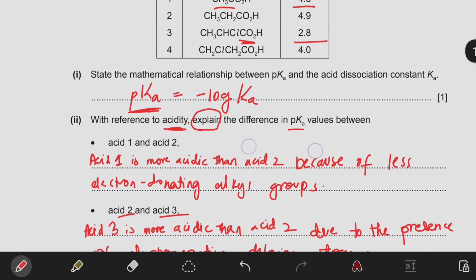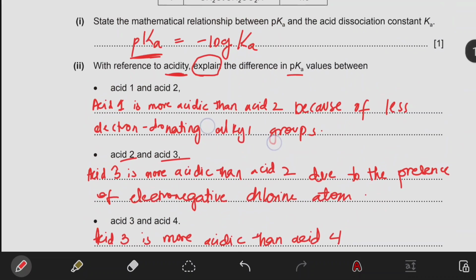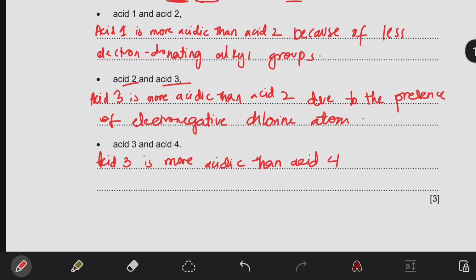Again, acid 3 is more acidic than acid 4. And this is because the chlorine atom is closer to the CO2 minus group. So that would make the OH bond weaker.